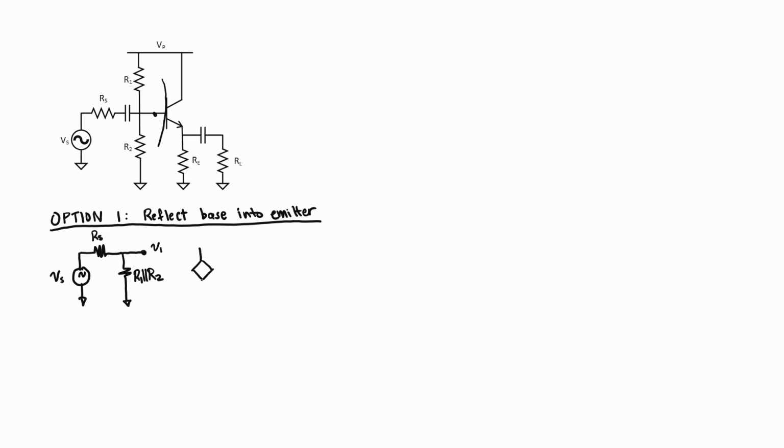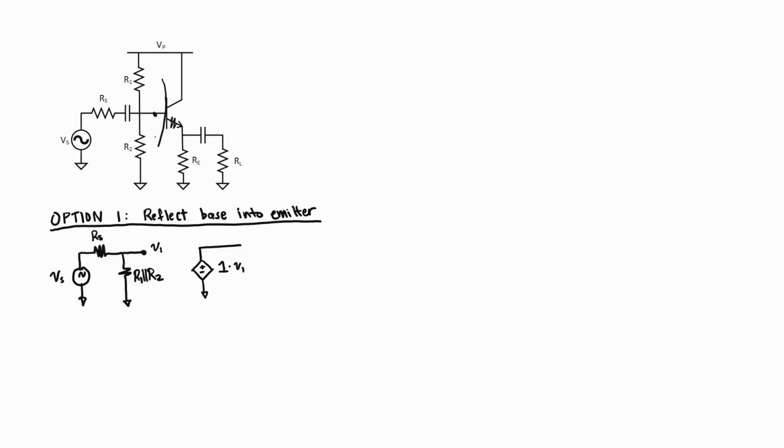We're going to treat the transistor as a voltage source with a gain of 1 because it's common collector. 1 is multiplied times V1. We're now going to have a voltage divider set up between the emitter resistance R sub E and any impedance reflected from the base into the emitter. Let's do the impedance reflection first.